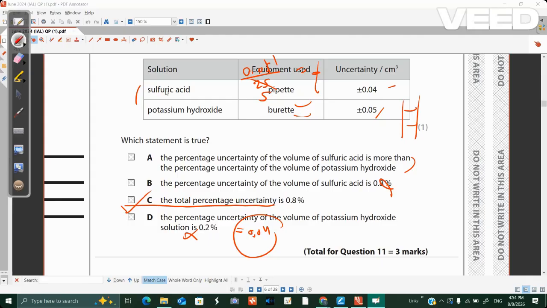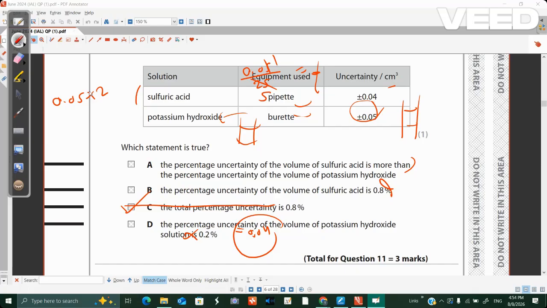Why? When you are using a burette, we are making the measurement in two places. So it means you are making two errors, same error two times. So therefore, absolute error is twice the minimum measurement, right? 0.05 into 2. So absolute error over measured volume multiplied by 100 is the percentage error, right?